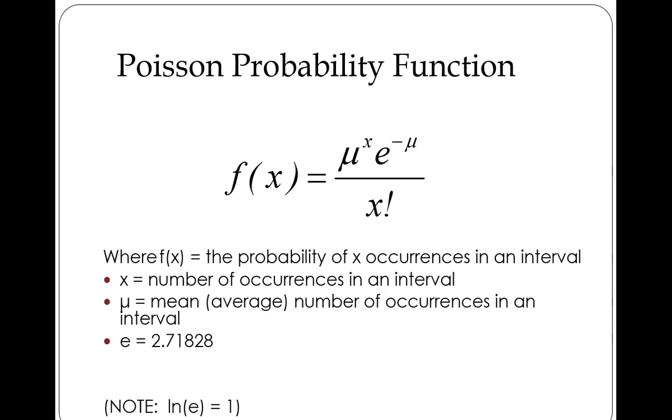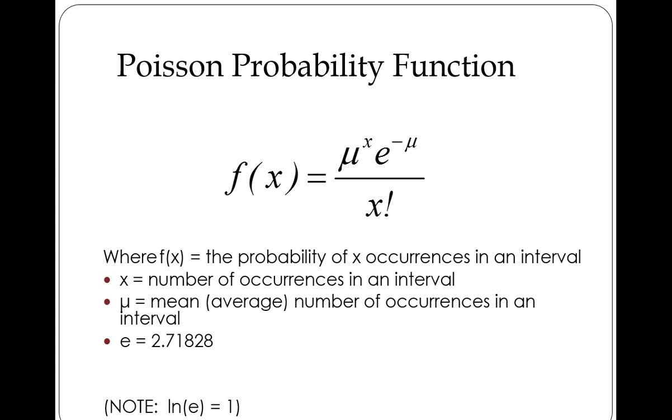So the Poisson probability function looks like this, and again, f of x is the probability of x occurrences in an interval, so you know how many times something happens in that interval. Mu is the mean or average number of occurrences in an interval, and that's usually given to us.